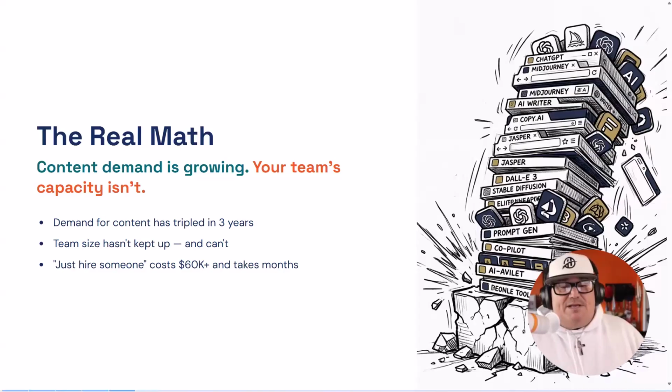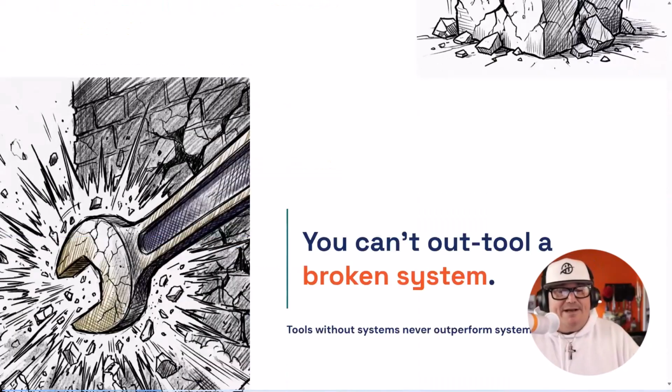You can try to close it by using AI as the fastest typewriter, which is what most teams are doing right now, but again, that barely moves the needle. Or you can close it with a system. A system is the only thing that scales without breaking. Trust me, humans break. Tools can break. Systems, you can put them in place and they will scale without breaking.